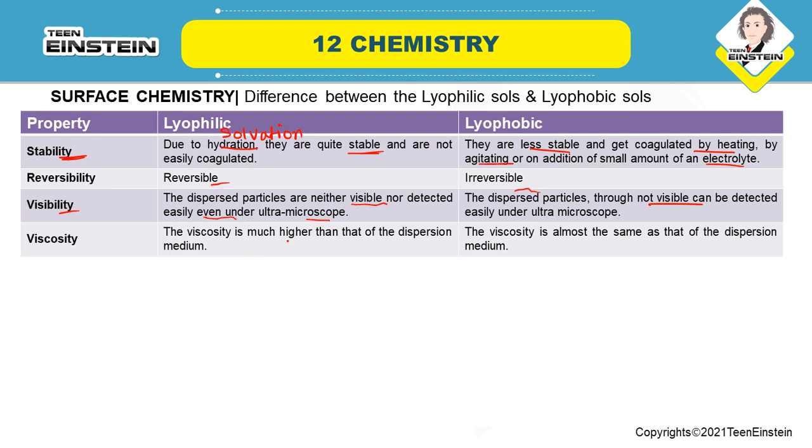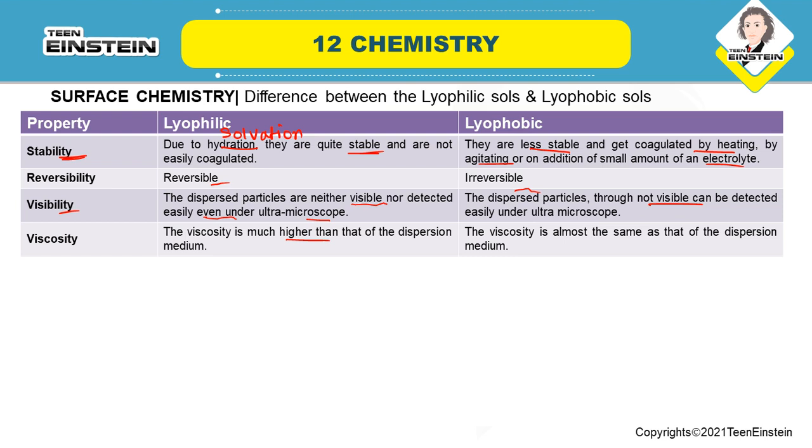Viscosity. The viscosity is much higher than that of dispersion medium. Now what is viscosity? In a very simple statement we can say that it is the resistance of fluids to move. So if we are saying that something is highly viscous, that means its tendency to flow will be very low.